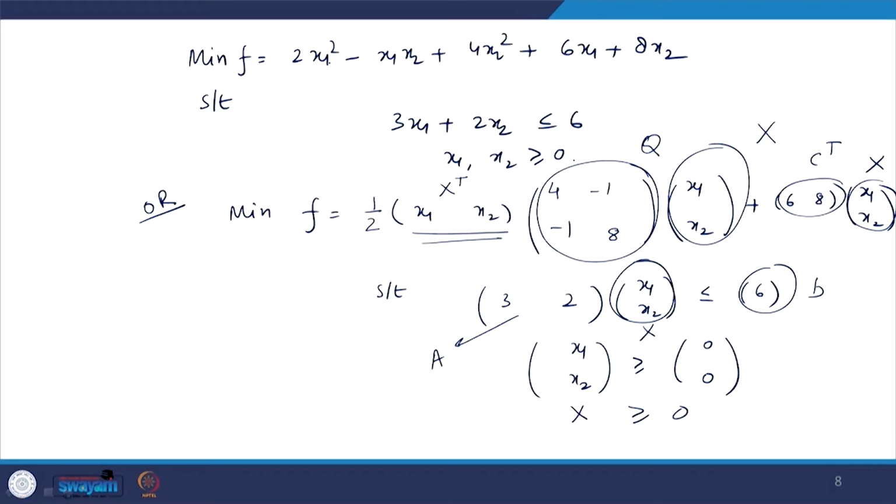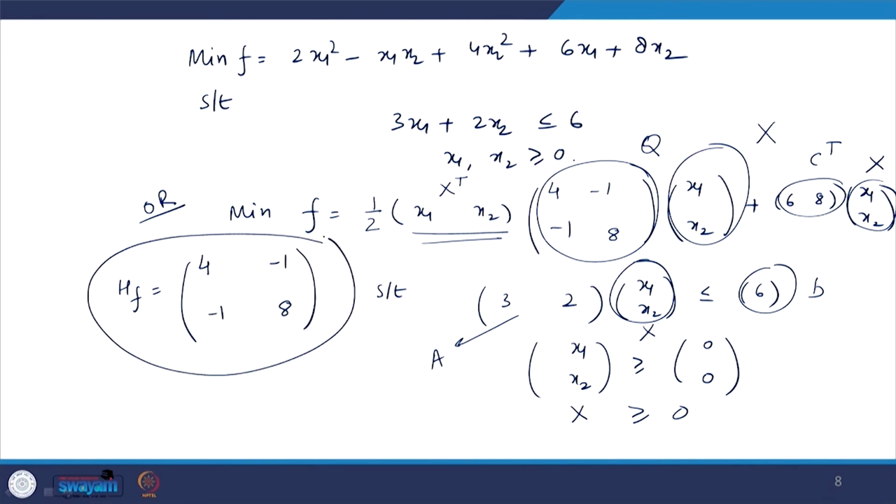What is the Hessian of this f? If you compute the Hessian matrix of this f, you have to differentiate with respect to x1 twice. That will give 4, minus 1, 8. So this Q is nothing but the Hessian matrix of f for this type of QPP.